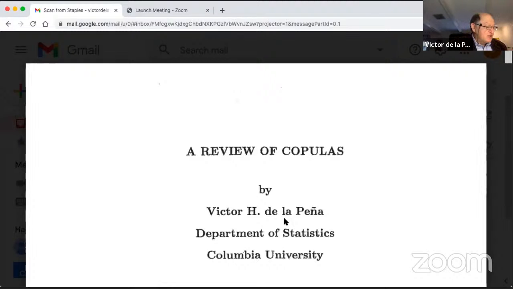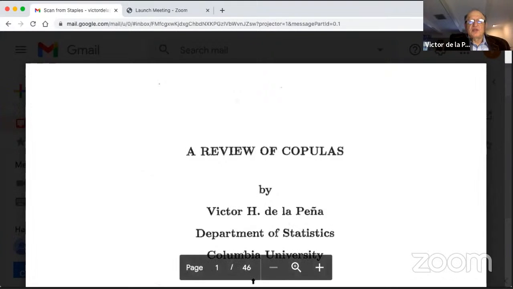Now, my main reason for including copulas, well, there are two big reasons. One of them is that in ecology, there's very little use of copulas. I worked in copulas some time ago, and I found that only recently people are beginning to work on copulas.